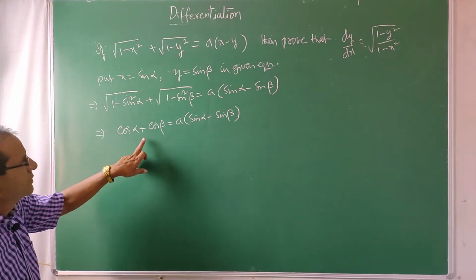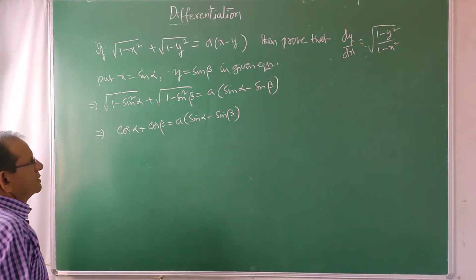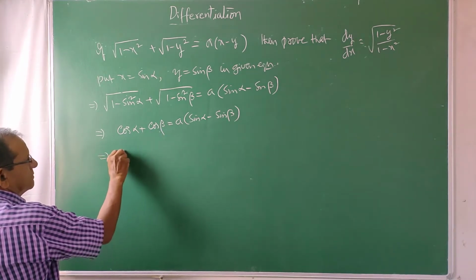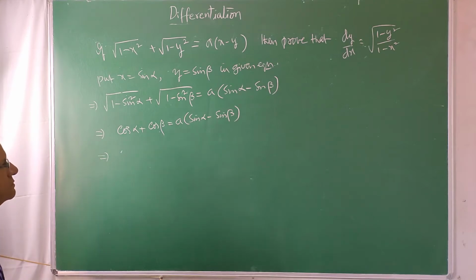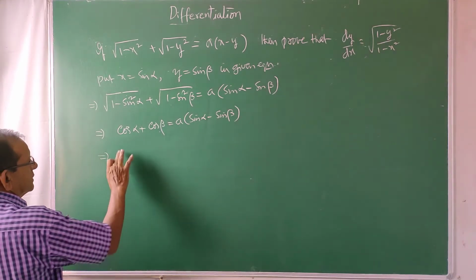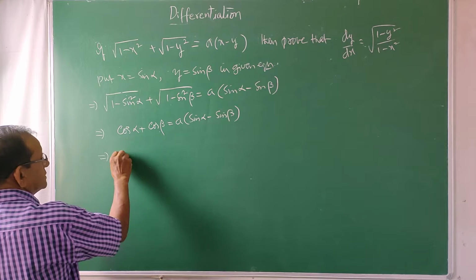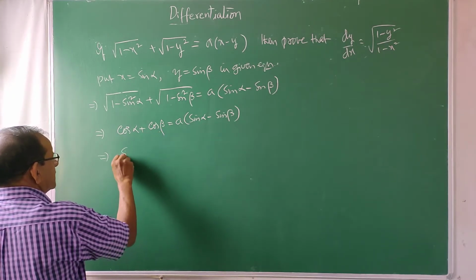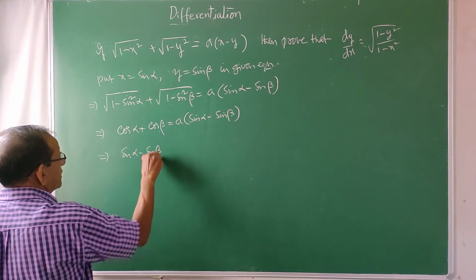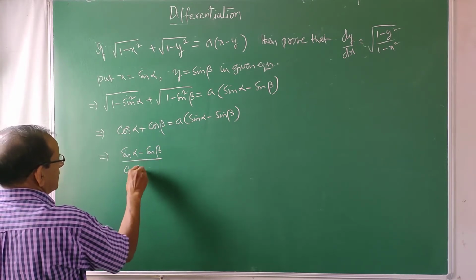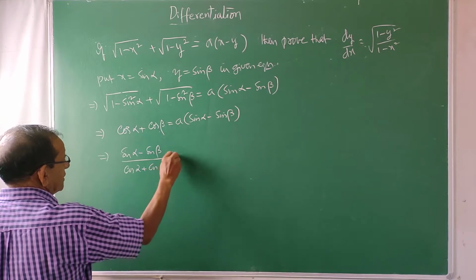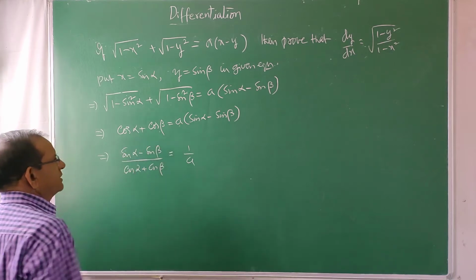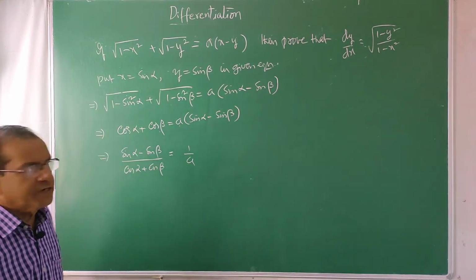So you take cos alpha plus cos beta, anyone you can take, or else you write this under this one, and 1 by a you can write: (sin alpha minus sin beta) by (cos alpha plus cos beta) is equal to 1 by a. A will come to the denominator, this will go to the denominator on the other side.